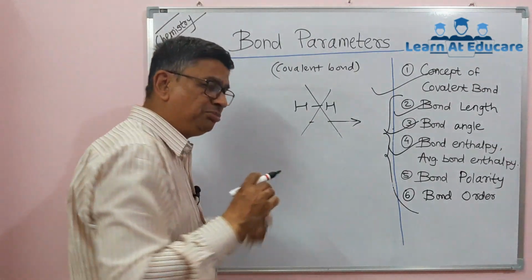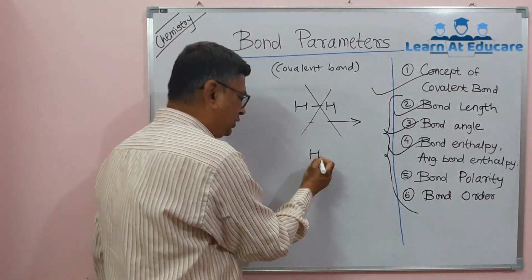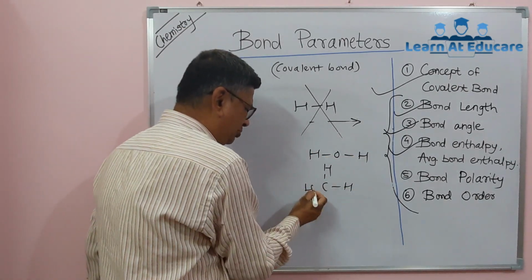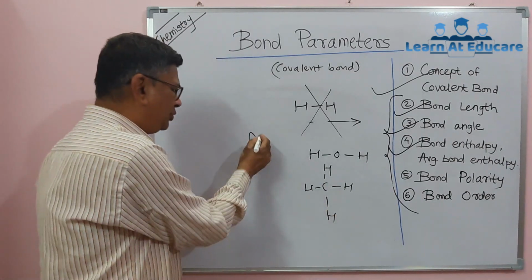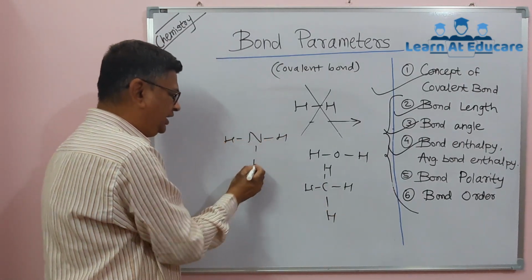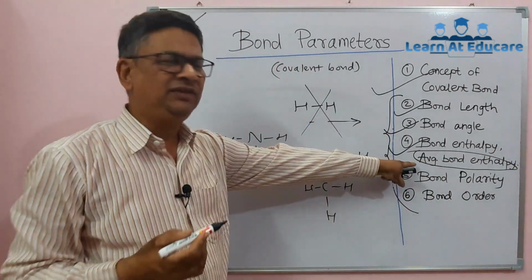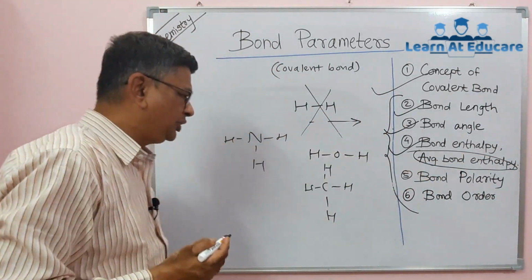But if there is more than one bond, like in water where there are 2 O-H bonds, like in methane where there are 4 C-H bonds, like in ammonia where there are 3 N-H bonds, then the term used is average bond enthalpy. What is average bond enthalpy?